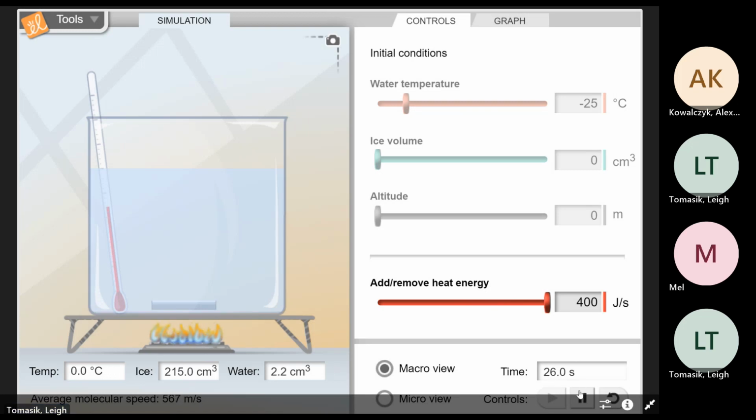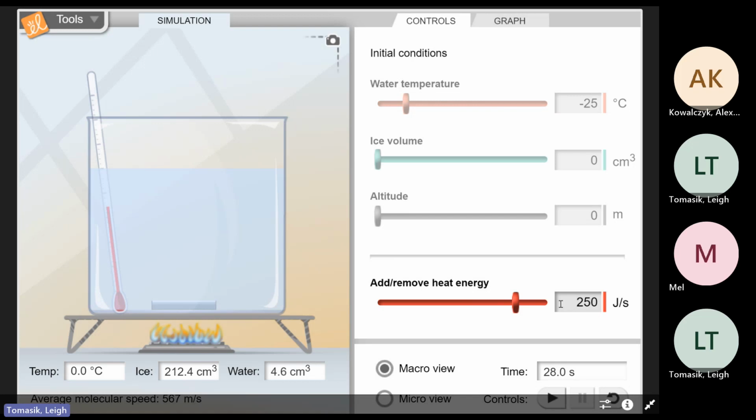Now, actually, hold on. This is going a little bit too fast. Okay, so I'm going to start it again. And it's going to start at minus 25 degrees Celsius, right? Because that's what I set the water to.